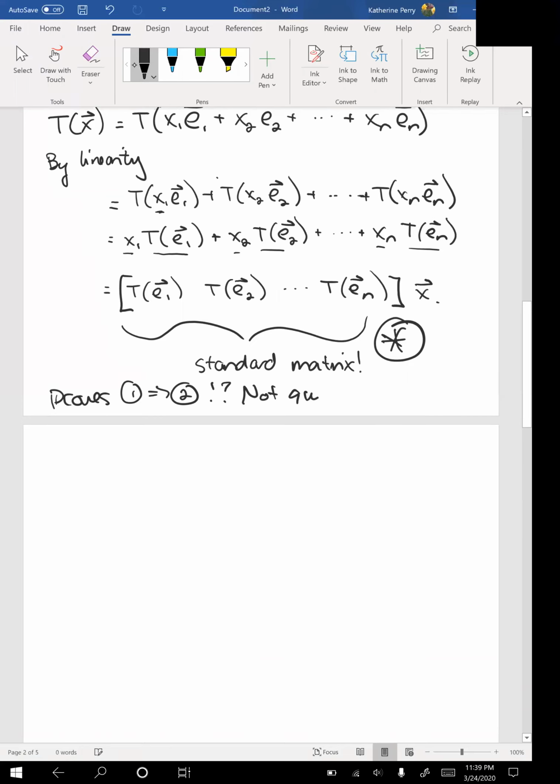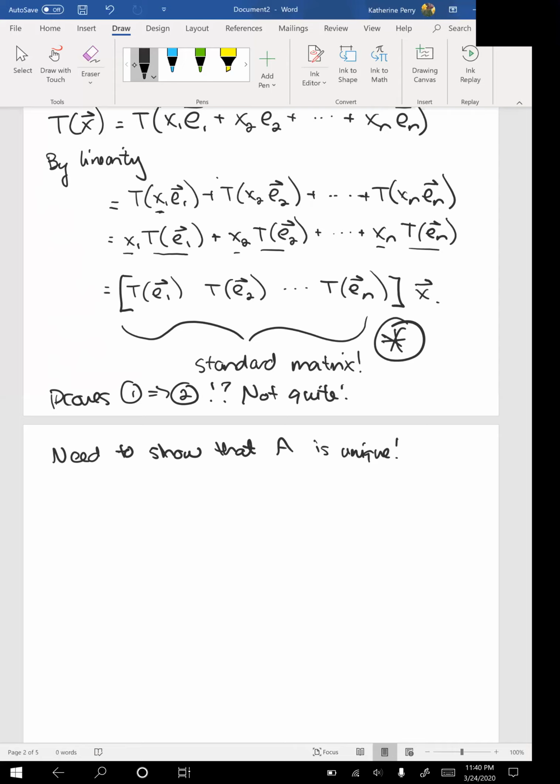Not quite. So we still need to show that A is unique. Okay, but again, this thing that I starred, that's what we're going to need to know.